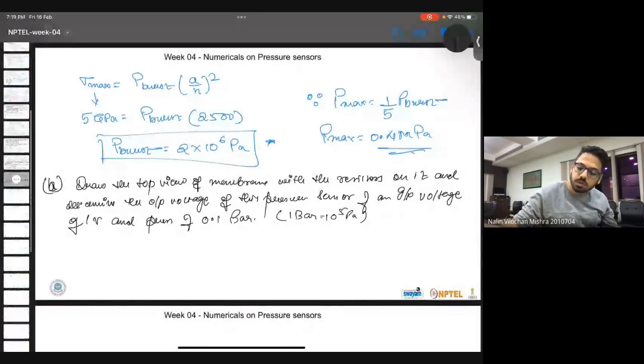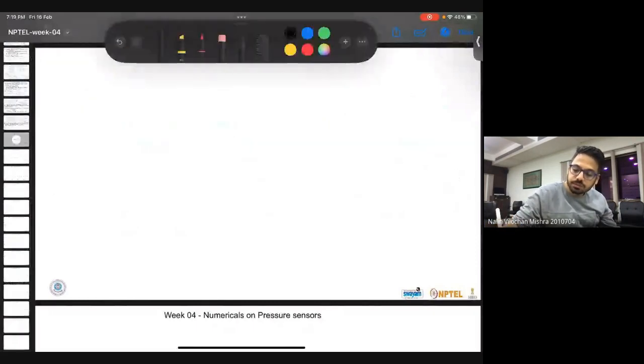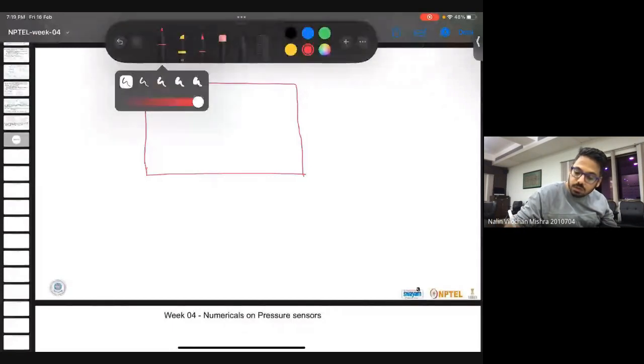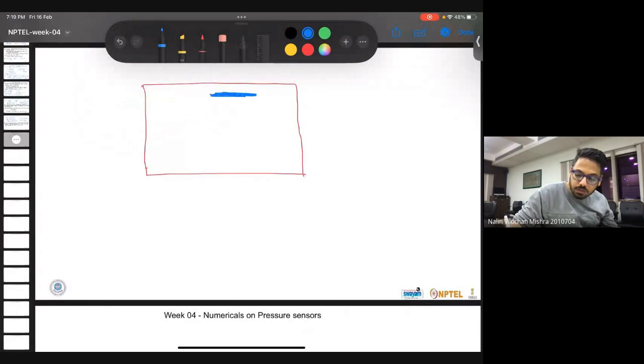Okay, so let me draw it. So it's like this. This is a square membrane where we have these four resistors like this, four strips of resistor.